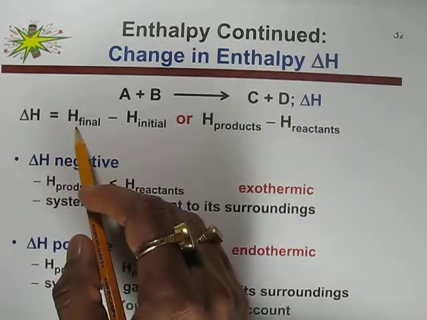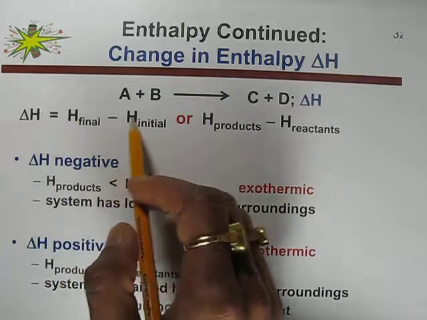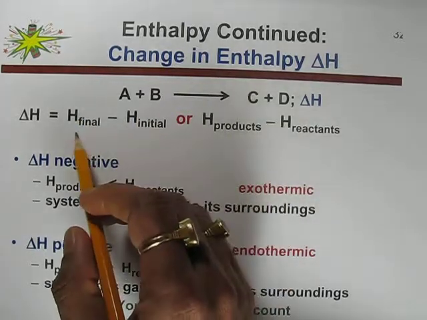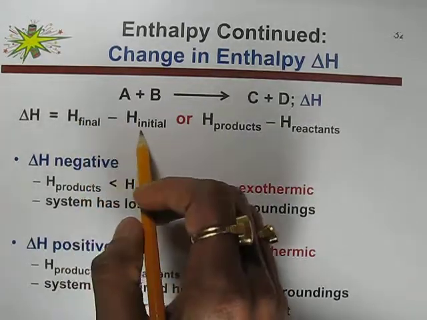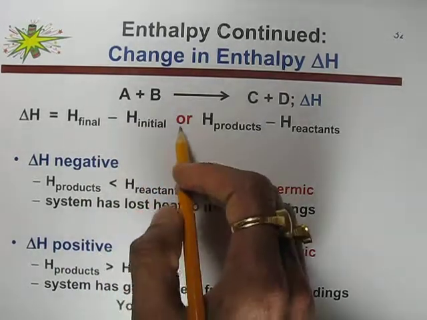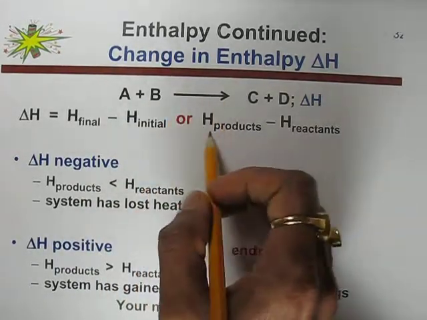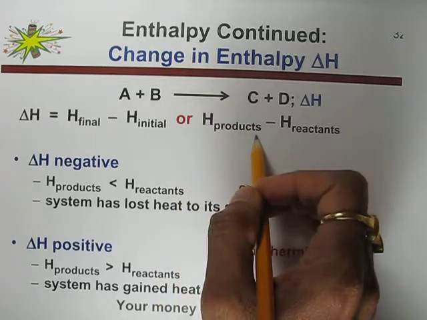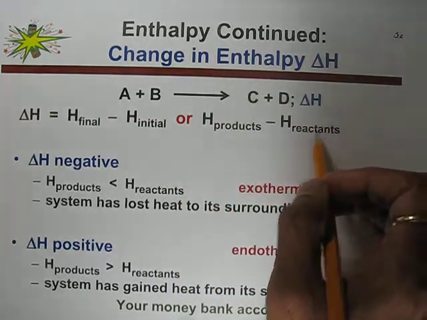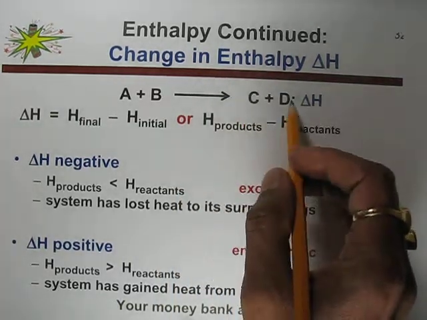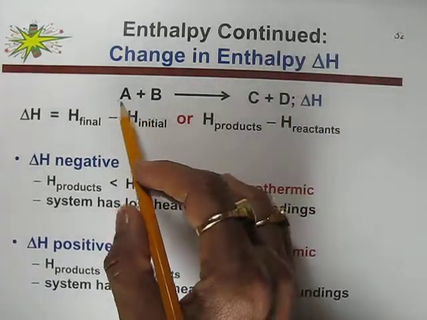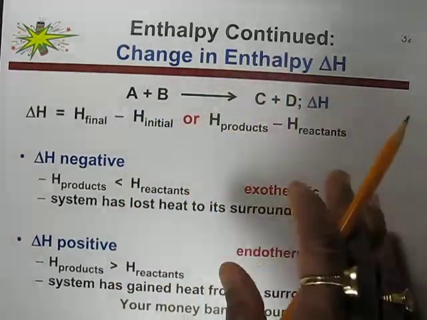Delta H will be equal to H final minus H initial, meaning enthalpy of the final products minus enthalpy of the initial. We can also write for this reaction: enthalpy of products minus enthalpy of reactants. So enthalpy of C plus D minus enthalpy of A plus B.